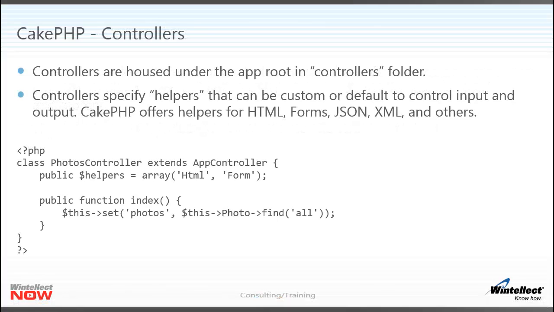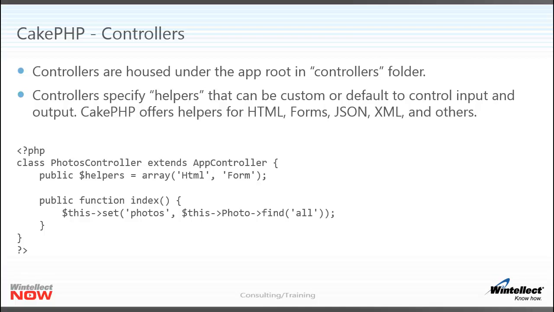Now that we've talked about views and models for a second, I'm going to talk about controllers. Controllers are housed underneath the app root, that app folder in the application, under a controllers folder. The controllers specify helpers that can be custom or default to control input and output.